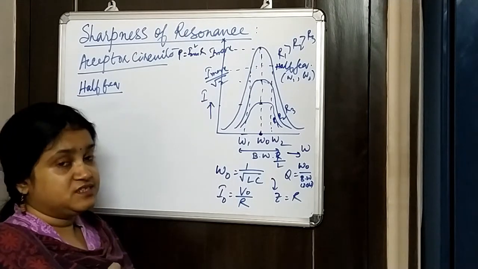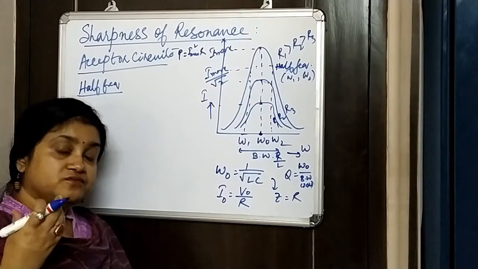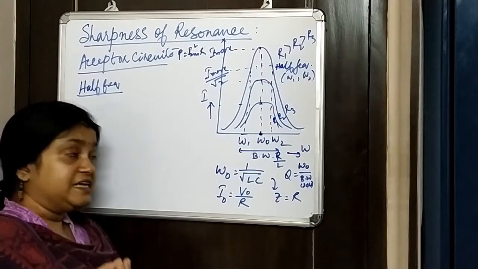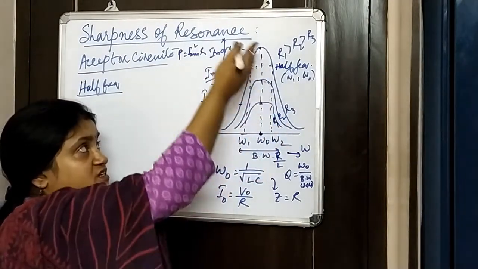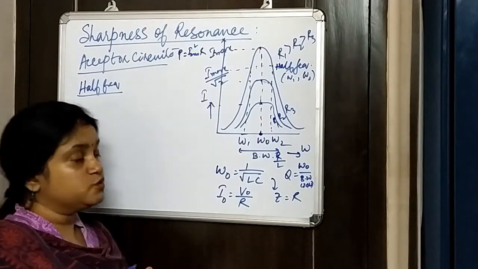Now, in an acceptor circuit, to understand the sharpness of the curve: the sharper the curve is, the more is the maximum current passing through it.